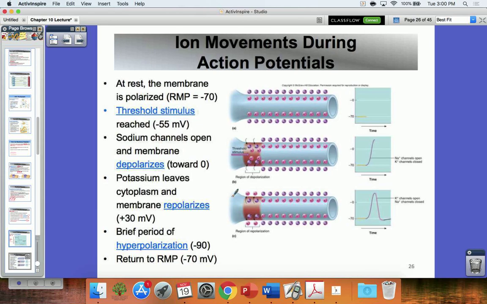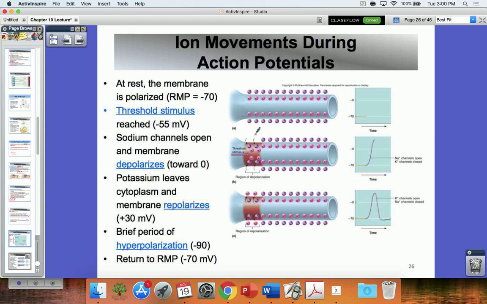This is probably a lot better picture than what I was showing, okay? So at rest, we have this negative 70 resting membrane potential. We have a stimulus, and it's going to help us reach negative 55 millivolts.